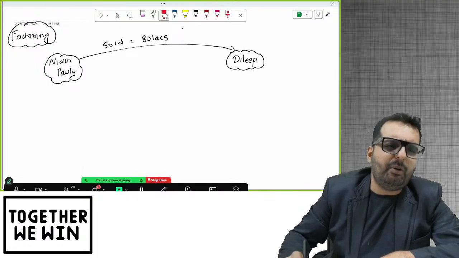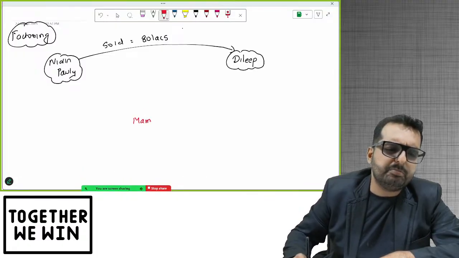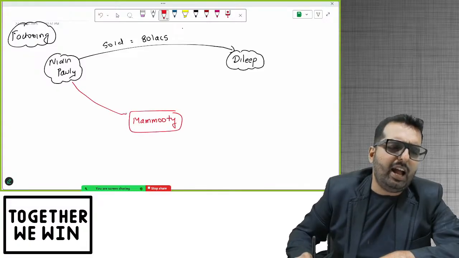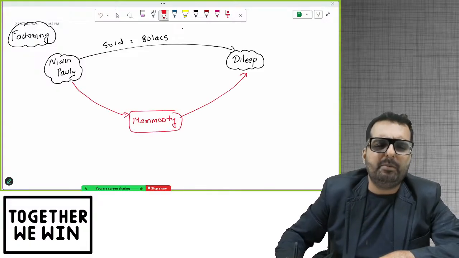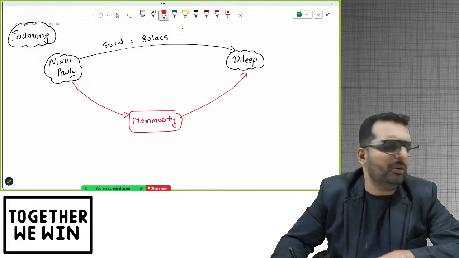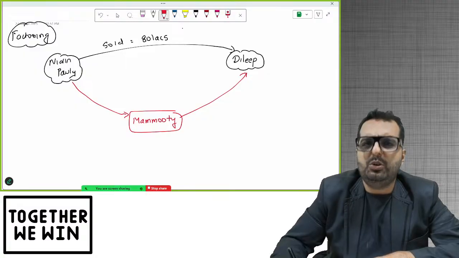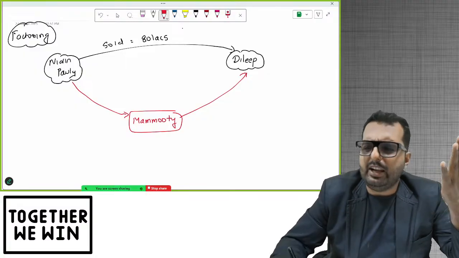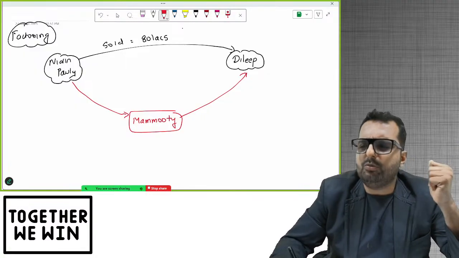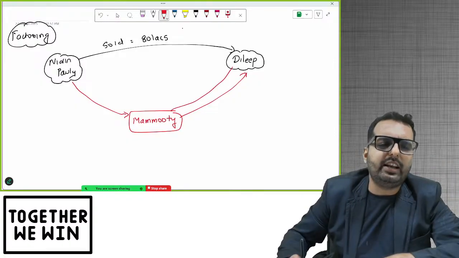That is when Nivin Pauly will go to Mammootty. And Nivin Pauly will tell him, Mammootty, please help me to collect the money from this fellow. Dileep is a very big headache. So now Mammootty will use his skills and he will go to Dileep, somehow speak to him, and collect 80 lakhs.